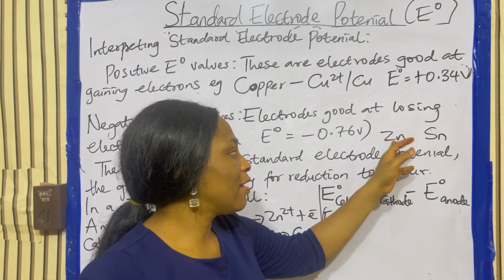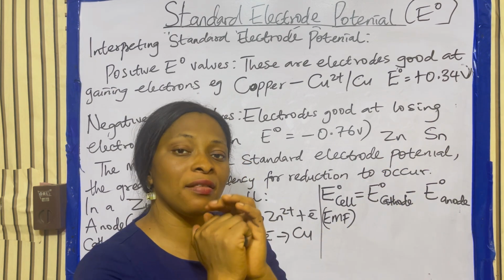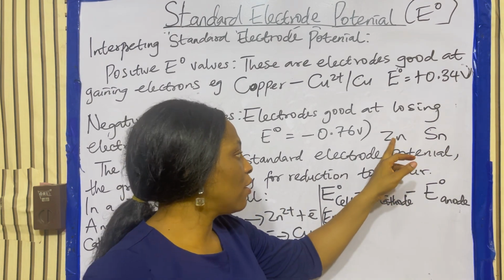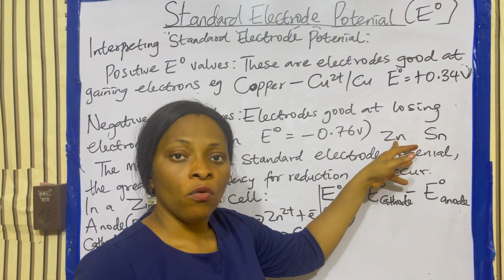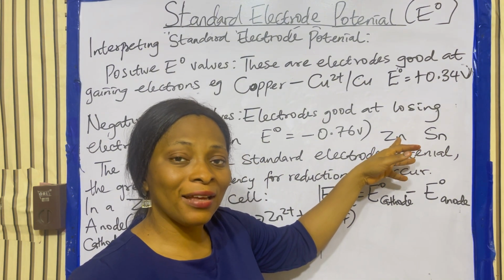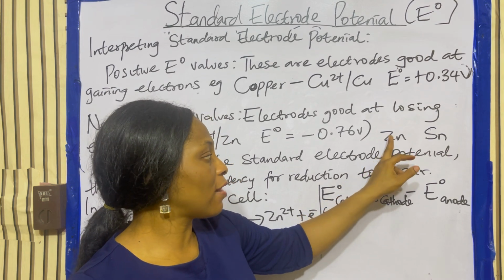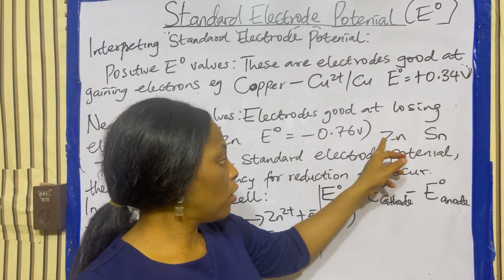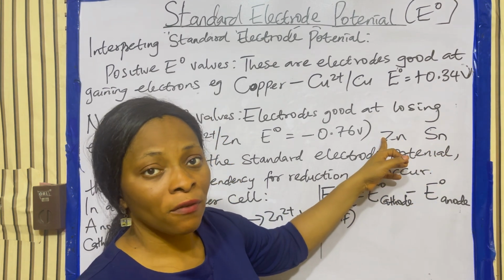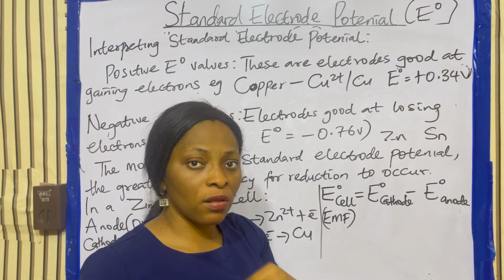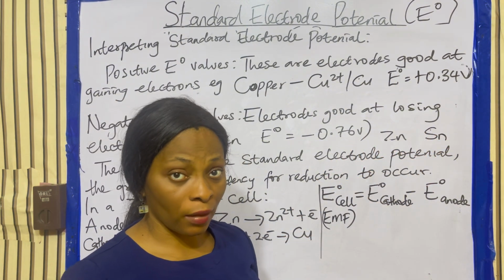So if zinc and tin are in the same cell and you're asked to find the EMF, you will discover that zinc, being higher in the electrochemical series, will tend to lose electrons faster than tin. So this will give you a negative value and this will gain, giving you what? A positive value. Are we together?